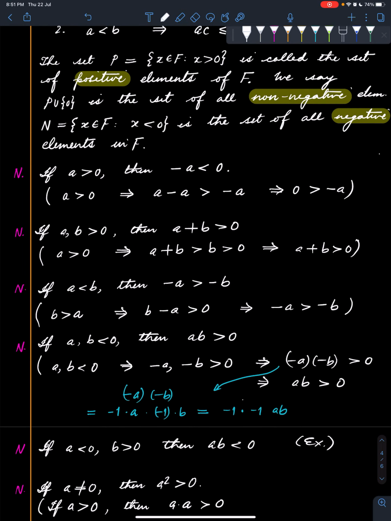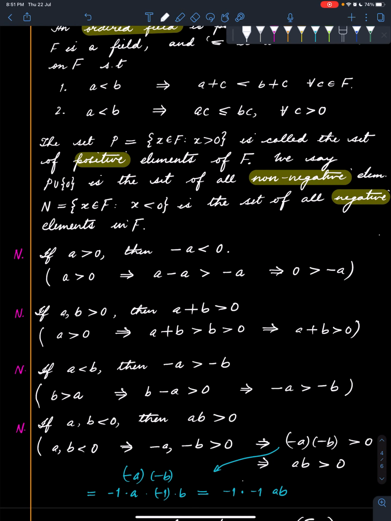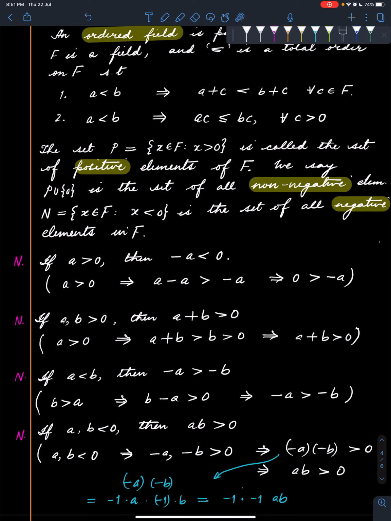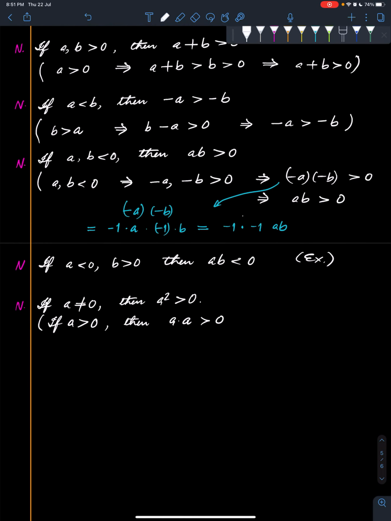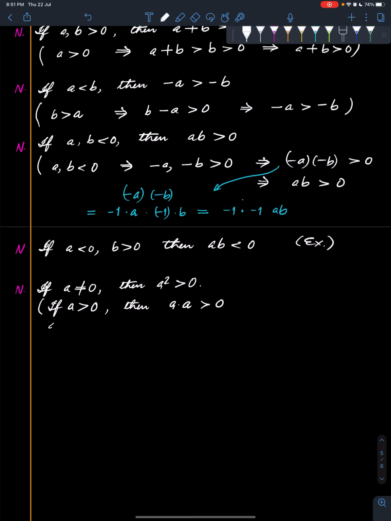That's simply because of the second axiom. So that's not a problem. If a is less than 0, then minus a is greater than 0, and hence minus a square is greater than 0, but minus a square is a square. So that's one way to show it.